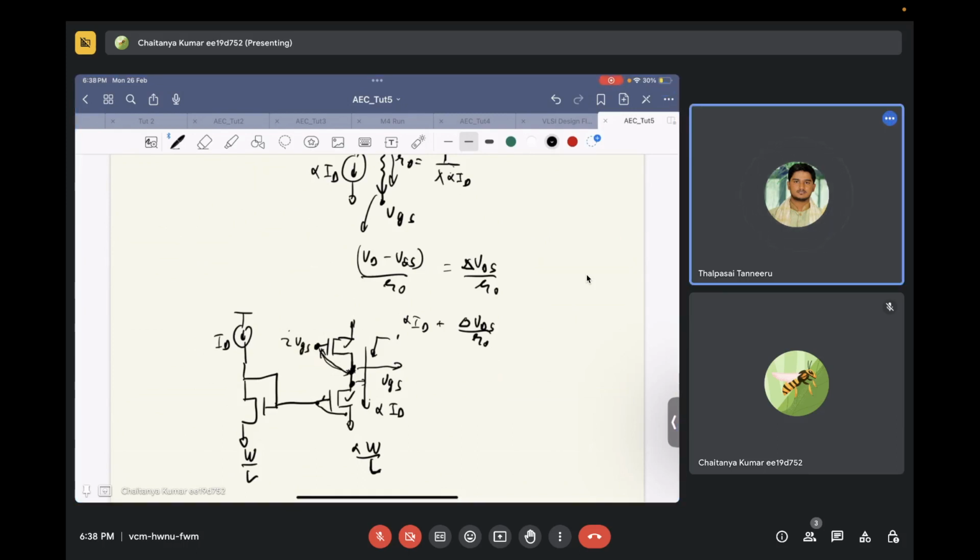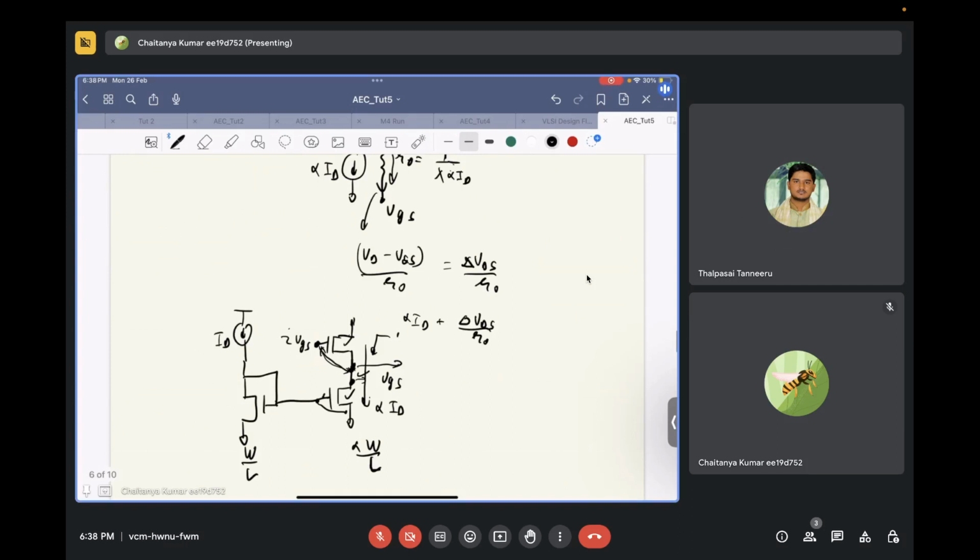Now of course, due to channel length modulation of this and this transistor being different, there will be slight difference between VGS of this transistor and VGS of the lower transistor, but that difference won't make this particular node change drastically. So it will be roughly equal to VGS.